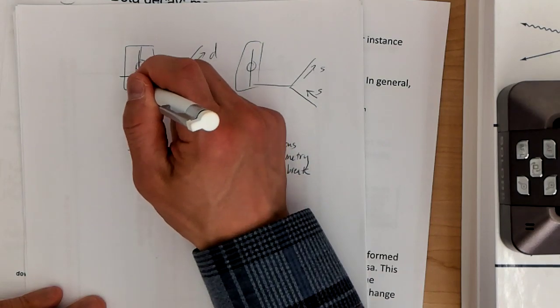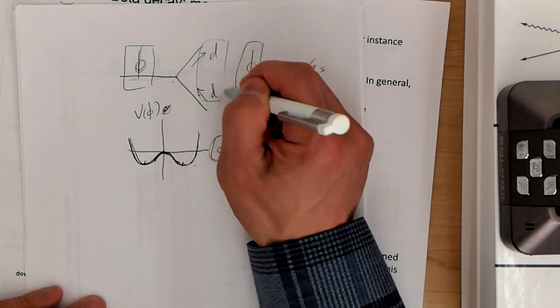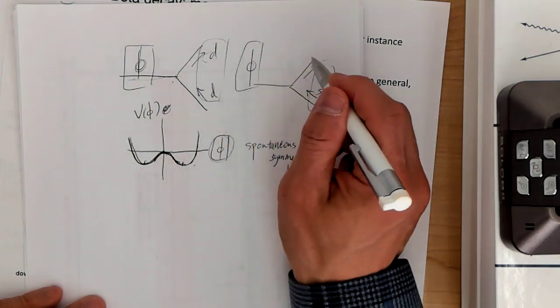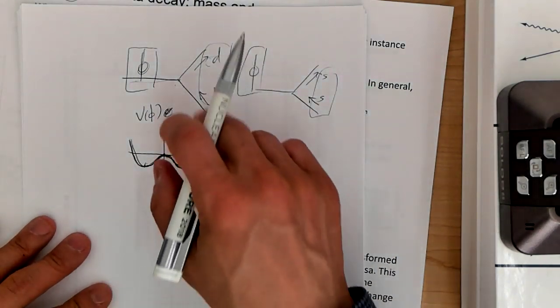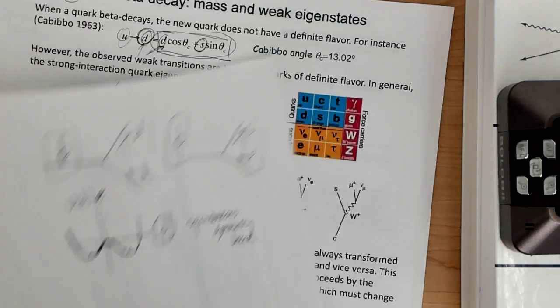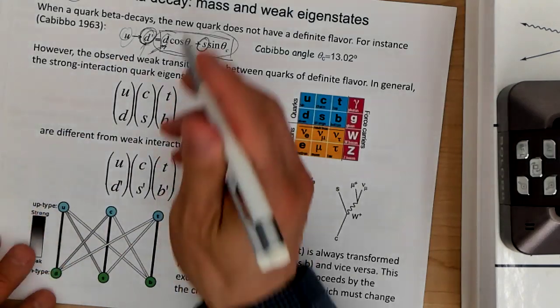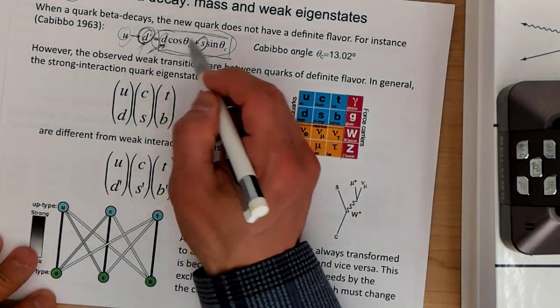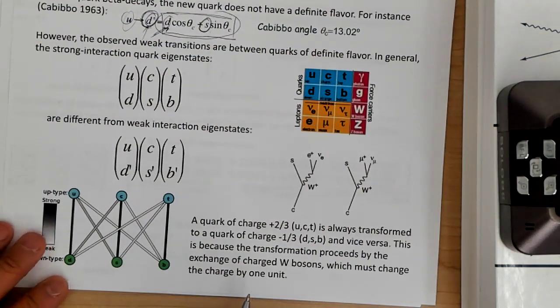And so because of that spontaneous symmetry breaking, these down quarks and strange quarks get all mixed up in terms of their propagation. They get a little bit confused, if you like. And so as a result, the up doesn't just couple to down, but it couples to down and strange and bottom. Okay?